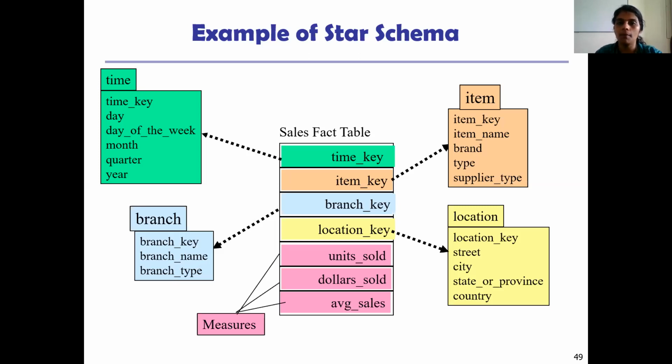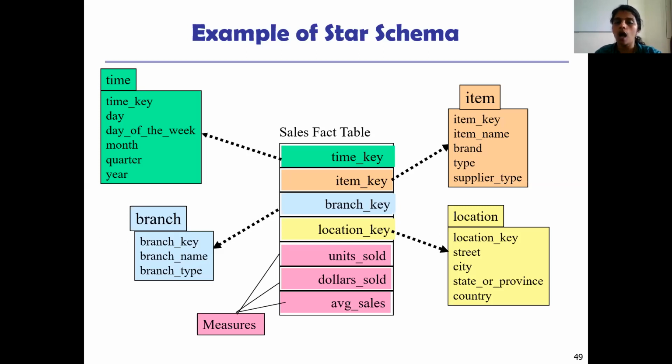Each dimension table will have separate attributes describing that particular dimension. Now, in star schema, the major disadvantage is that it can lead to redundancy because each of the dimension tables is not normalized. So that can lead to redundancy or repetition of the data.